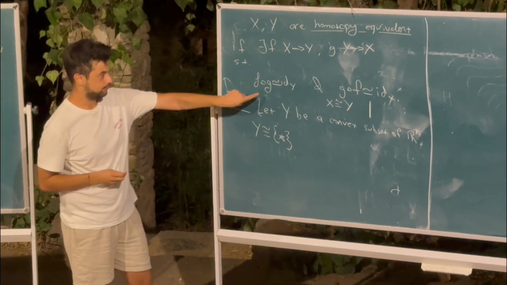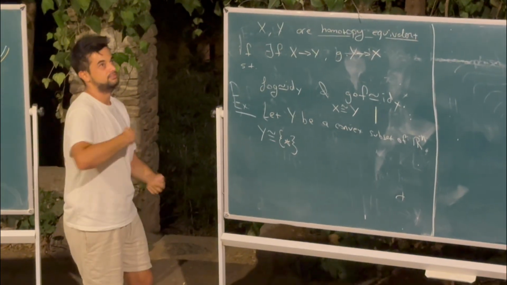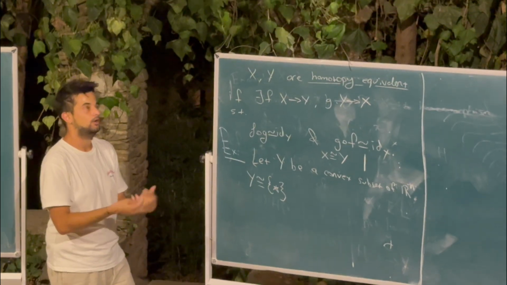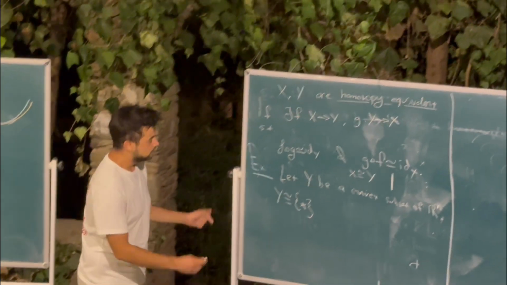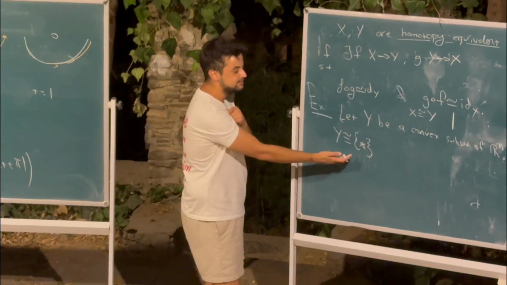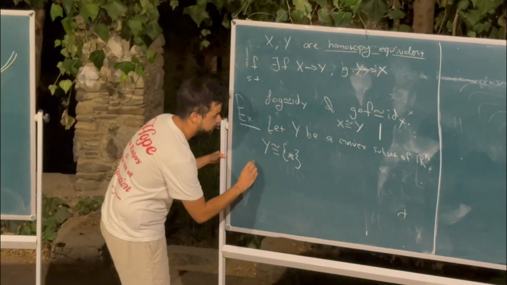If you look at the definition, we need to come up with f and g, and somehow we need to find a homotopy between the compositions and the identity. Well, we have a very easy set, so it won't be very hard to come up with the maps.